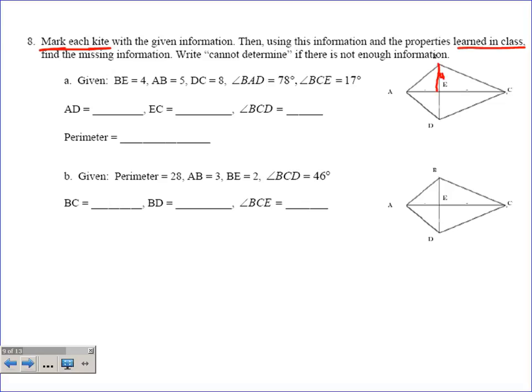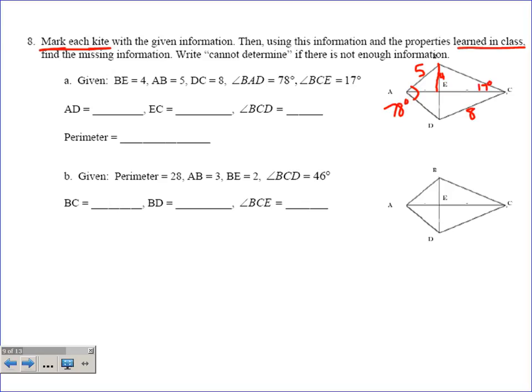AB, that's this part up here, is 5. DC is 8. And angle BAD, that's this big angle right here, is 78 degrees. And BCE, the small part right here, is 17.